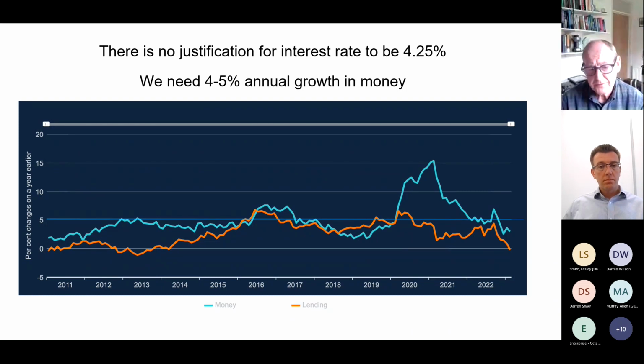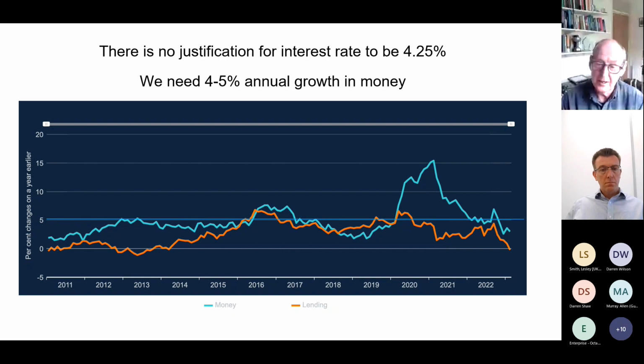If you look at the chart, from 2011 to 2015, the money supply was growing close to 5%, but bank lending, which is the orange line, in 2013 was actually contracting. Well, that difference is because the Bank of England was creating the money. Then it stopped doing that in 2015, and everything was running normally to 2019.